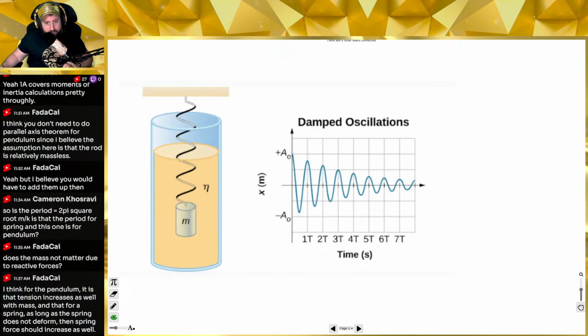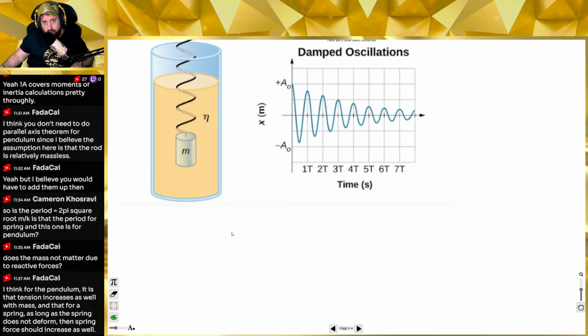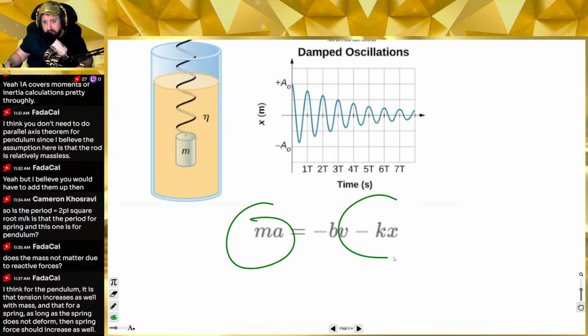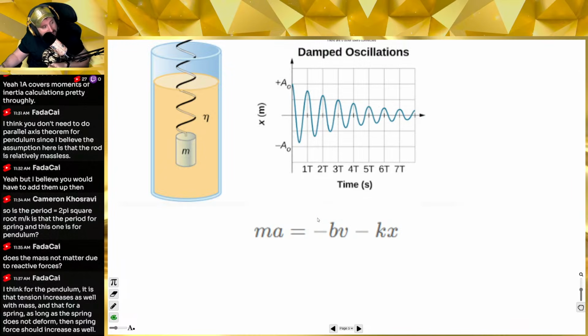Those drag forces are usually dependent on the velocity. So when we write out our sum of forces for a situation like this, instead of just ma equal to negative kx, we're also going to have a minus bv.